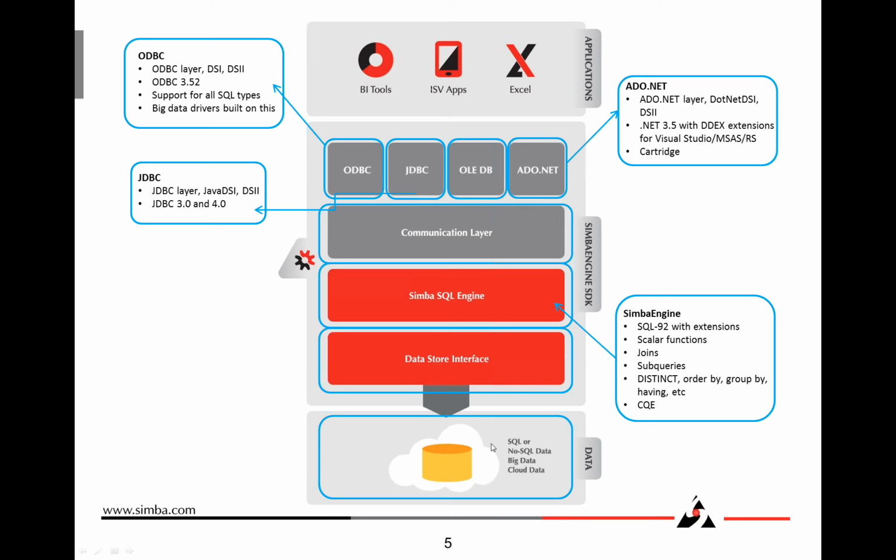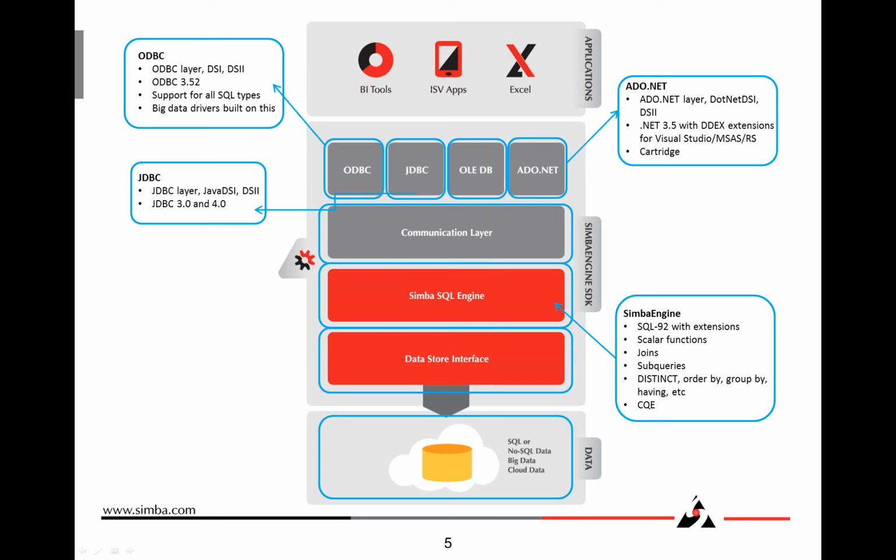Your data is stored here. In the first level up, the data store interface, which we call the DSI, is the piece that you're going to work on and that we're going to show you how to build out. That will allow you to connect to your data, then deploy your driver and connect to your tools up top. So this is the focus of what you'll be writing.